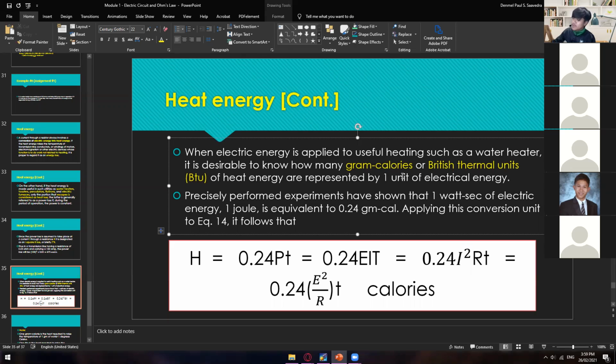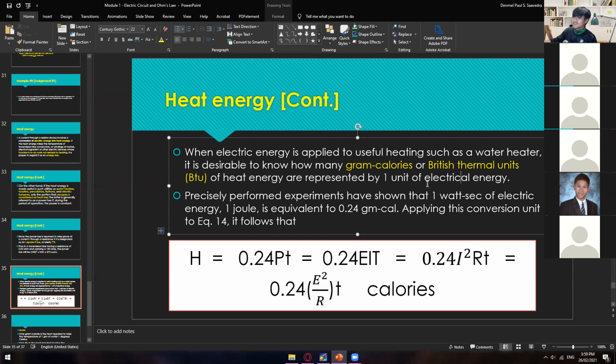In other words, you want to know how strong the power is that you need to throw onto that appliance for you to heat up a gram of water. Wherein we call that 1 gram calorie, or in other words, 1 British thermal unit.